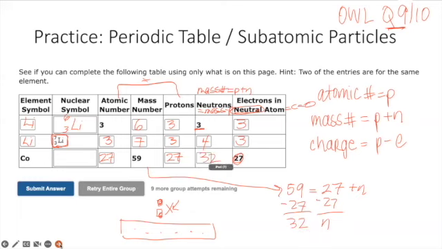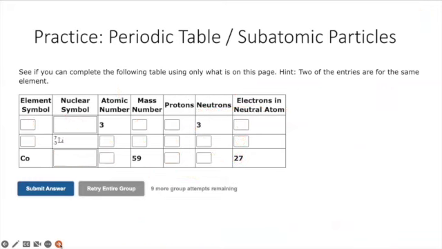Okay, so I'm ready to fill in my nuclear symbol. So cobalt, the atomic number goes on the bottom. And then the mass number goes on top, which is 59 in this case. Awesome. Cool. All right.